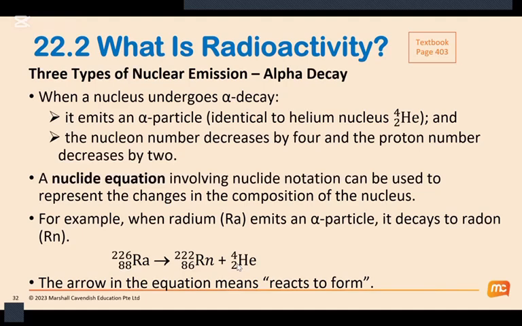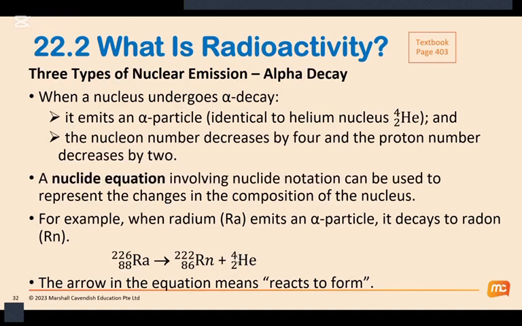It's just like chemistry. You need to make sure that the proton number and the nucleon number stay the same on both sides of the equation. The arrow means the reaction is going forward, from radium to radon. So radon, Rn. I do not know what my number is over here, but I know it emits an alpha particle, and the alpha particle is a helium nucleus. So I can use helium 2 4, or I can use the alpha symbol 2 4.